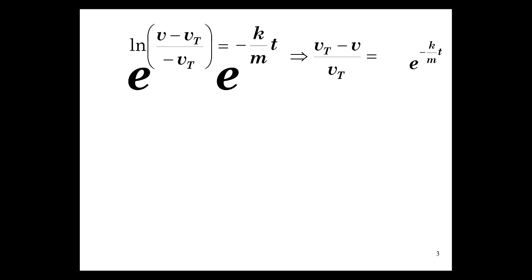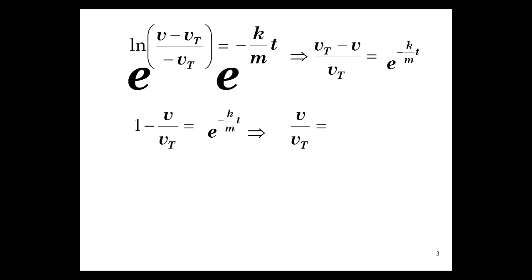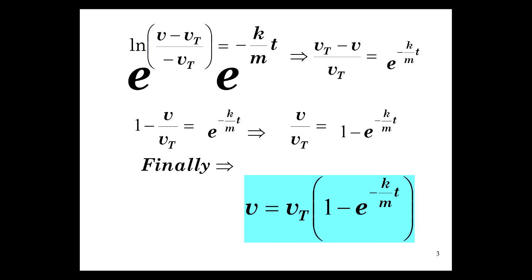So we have (v_t minus v) over v_t equals e to the minus k over m t. So we can work this out to 1 minus v over v_t is equal to e to the minus k over m t, or v over v_t equals 1 minus e to the minus k over m t. And so we're looking to solve for velocity. And there it is, the velocity.